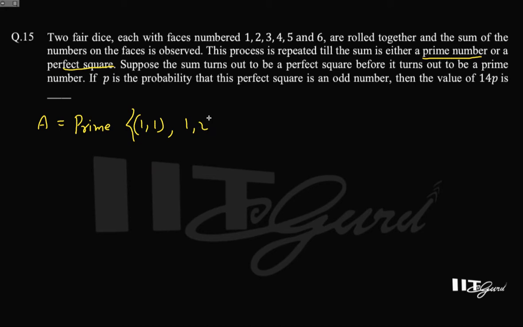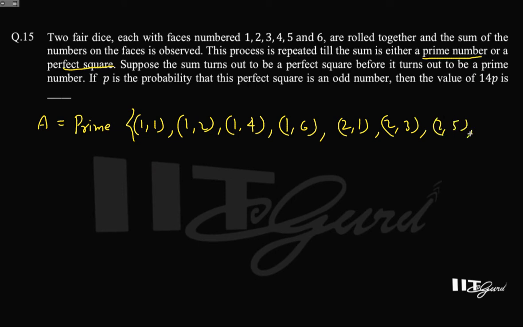So 1 2, yes. 1 3, no. 1 4, yes. 1 5, 1 6, yes, 1 6 will be there. 1 7 is not there. 2 1, 2 3, yes.